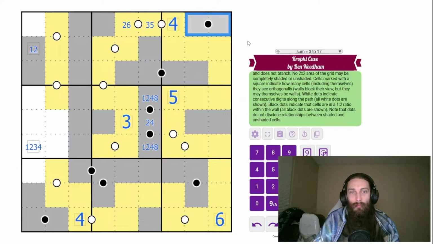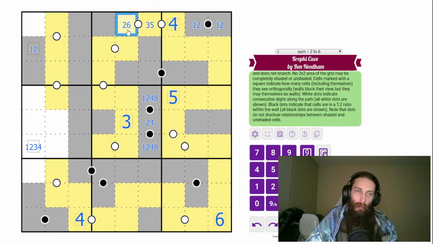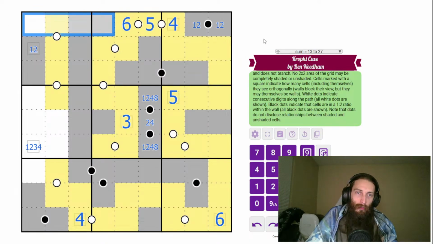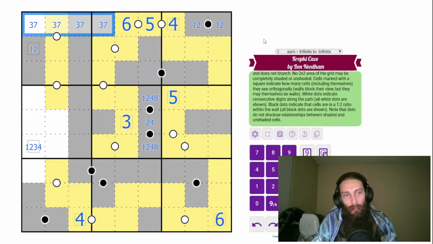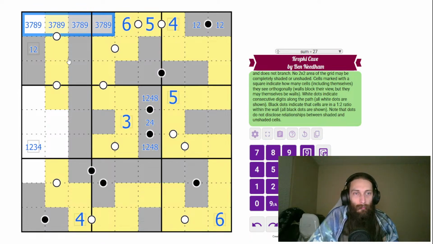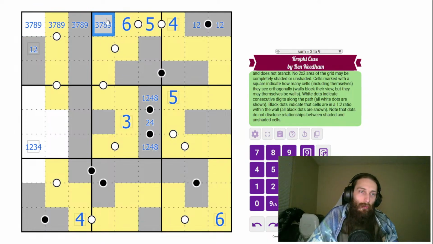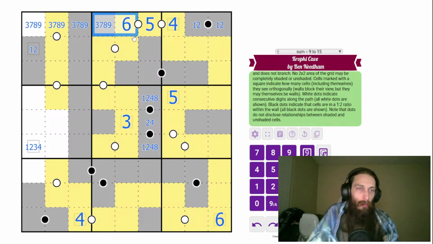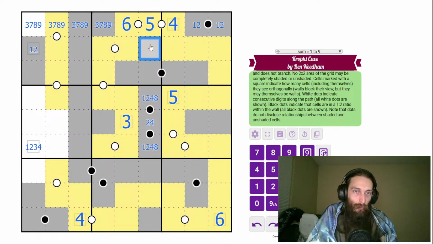So that has to be 1, 2. Okay. So then that makes this 6 and 5. And then 3, 7, 8, 9 is what's left over. Now, this could be a 3, even though it's in a 2-to-1 ratio between a shaded and unshaded cell. The dots aren't important for that. It's just within the walls, you can't have 2-to-1 ratios unless it's a black kropki dot.